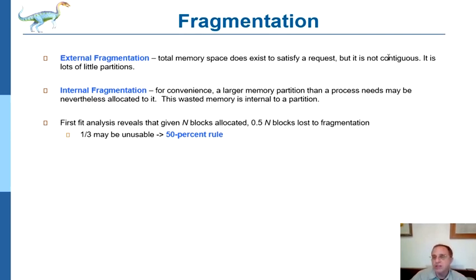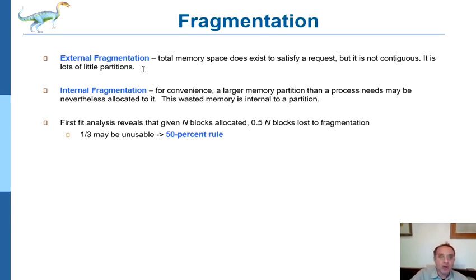It's several slivers spread out. And therefore, it's lots of little partitions, and therefore, it's unusable. Nobody's been allocated it, but it's unusable. So we're in a kind of frustrating situation where we have the space, we can't use it. We call that fragmentation. The disk has become fragmented. There's lots of little fragments, or the memory has become fragmented.